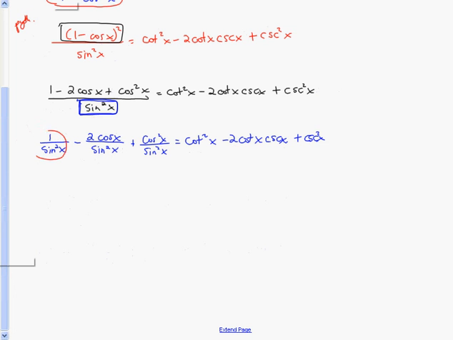Alright, 1 over sine squared of x is cosecant squared of x by the reciprocal identity. Now the next one, I could borrow one sine from this piece to get 2 cosine of x over sine of x, and I still have 1 sine of x left. What I'm doing is I'm just taking that sine squared of x and breaking it apart into 2 pieces. For this chunk right here, cosine over sine squared is cotangent squared.